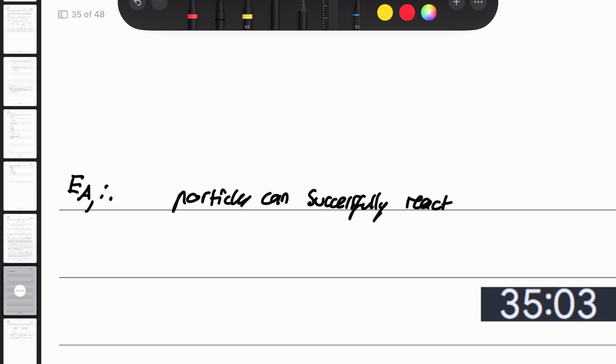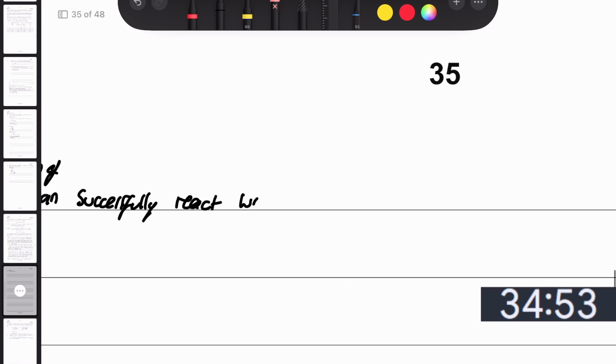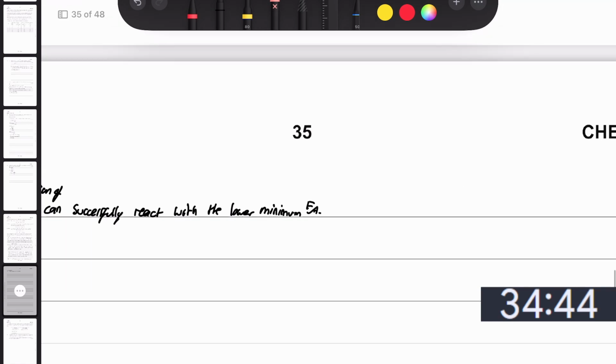Greater proportion of particles with the lower minimum energy.